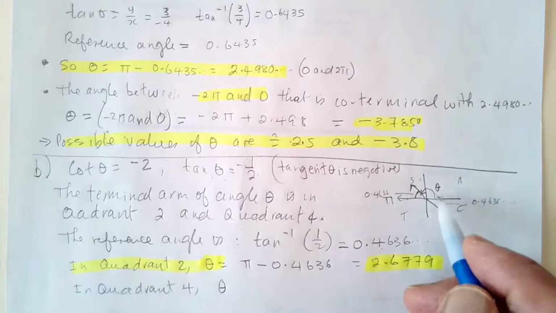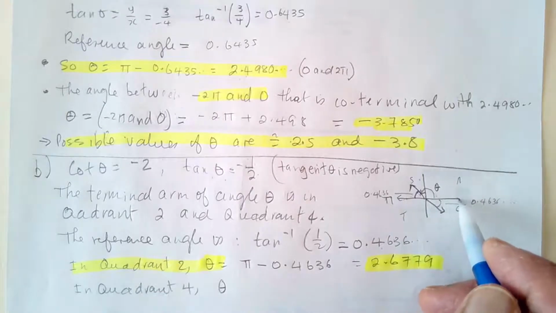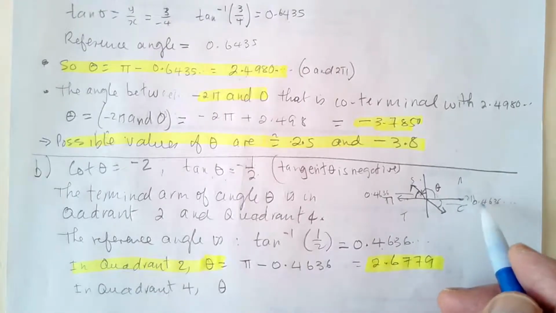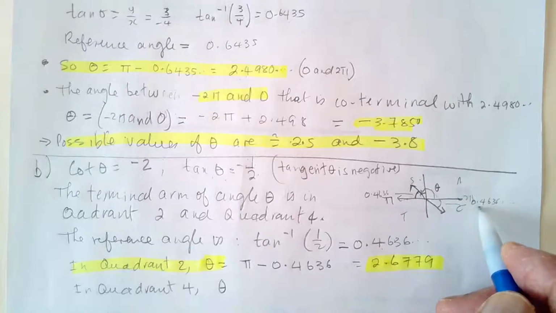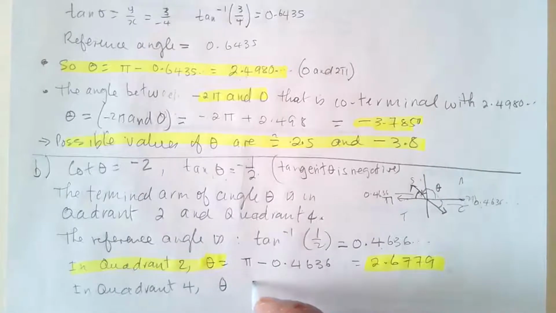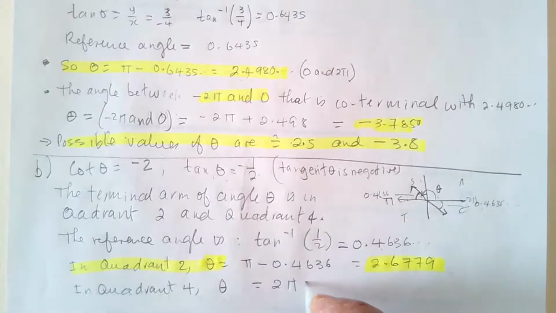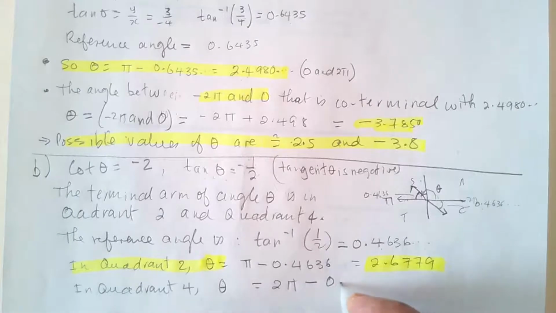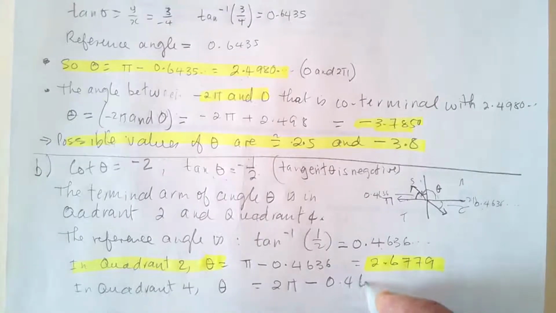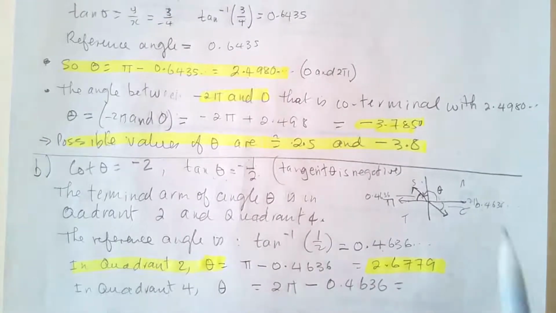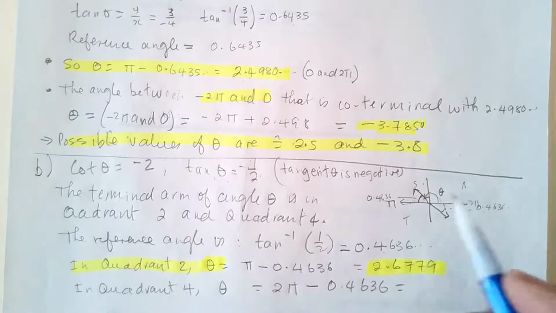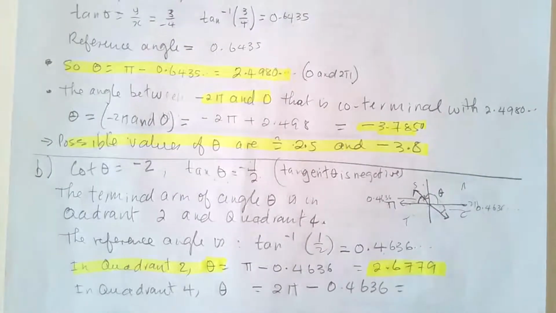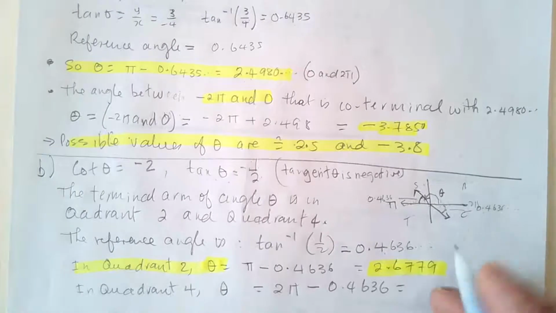So now it would be 2 pi minus 0.4636. You can do that because we know the reference angle is over here. If it's over here, it might be a different story, but it's in quadrant 4.